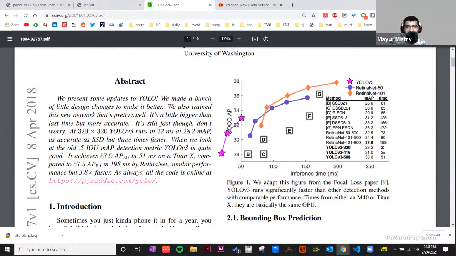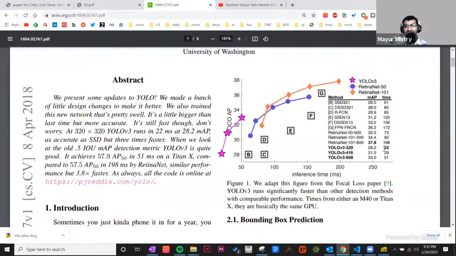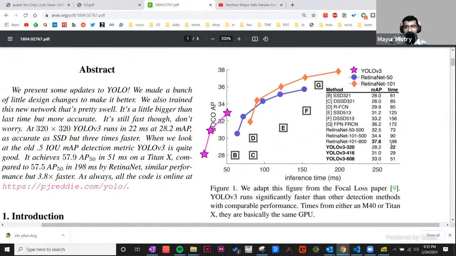I see. At one point I got confused. It's important that inference time is how much time it took, when it sees an image, to predict the right classification and object detection. Earlier it was saying it was able to process 60 frames per second.